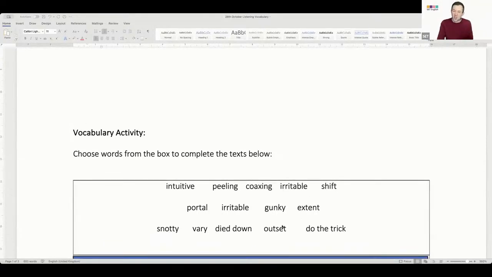But that's not how it's going to be used here. So we've got snotty and gunky. Gunky's a bit different. Now you could describe snot as gunky. Gunky just basically means a disgusting, undesirable substance that's created by the body, usually. So it could be your eyes if you've got conjunctivitis.